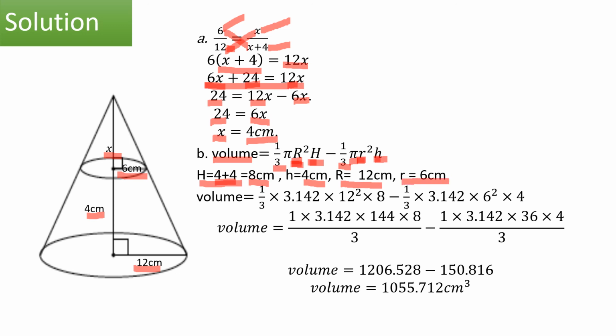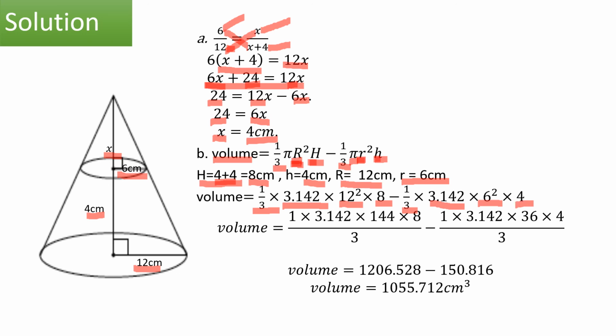So we do substitution. It's 1/3 times pi, which is 3.142, then our big radius is 12 squared, then our big height is 8. Then minus 1/3 times pi, which is 3.142, our smaller radius is 6, so 6 squared, then our smaller height is 4.